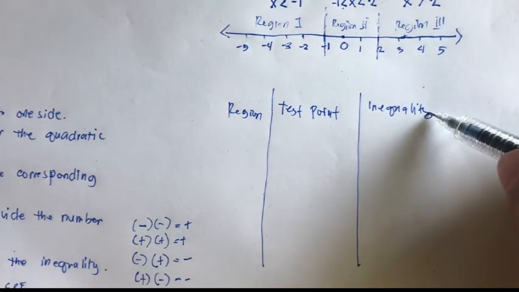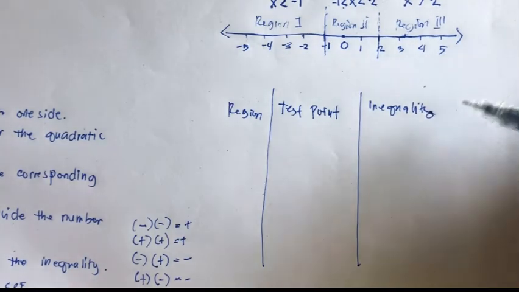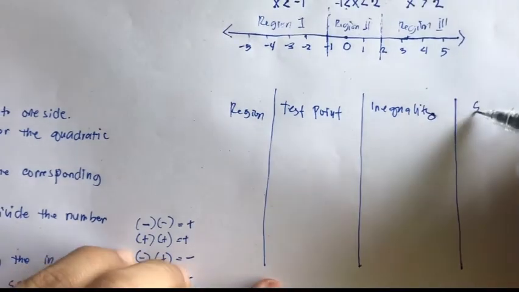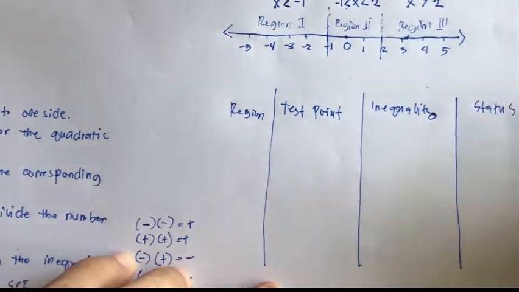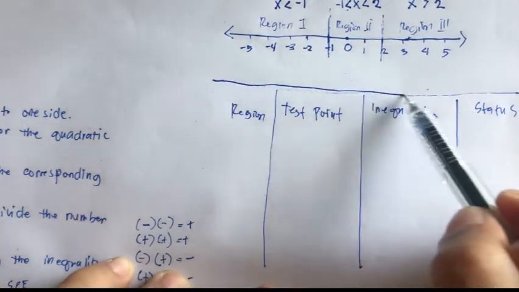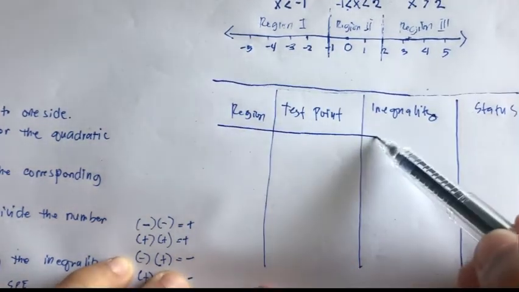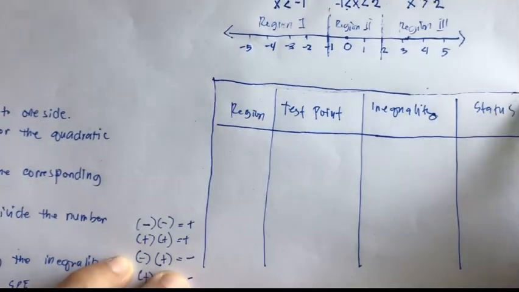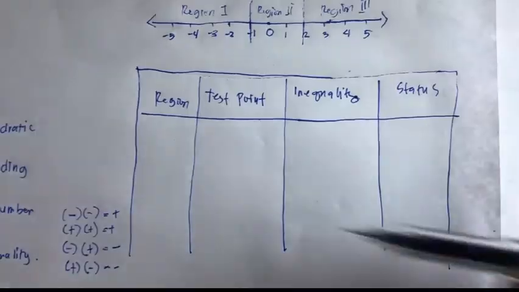So in the inequality, we only have to substitute the values to the quadratic inequality. And then we have the status. The status here falls in only two options. It could either be true or false.